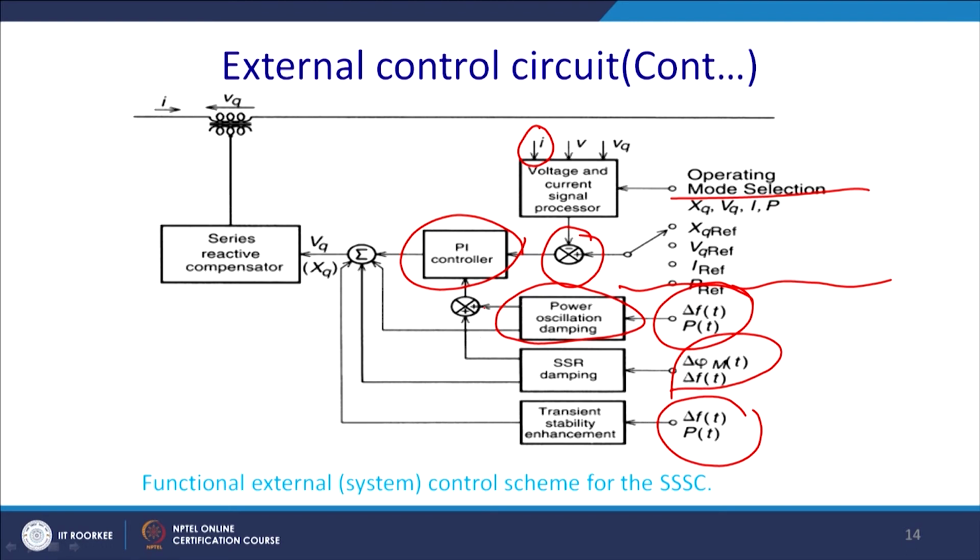You can write out the differential equation, we shall show it in the next class, or we shall give you some assignment on it, that it will be a second order undamped system. So, we have to add the damping, and ultimately this TSSC or this kind of series compensator can add the effective damping. So, it will be adding some amount of signal to this PI controller, and this input will be fed so that it will mitigate the oscillation of the del f.